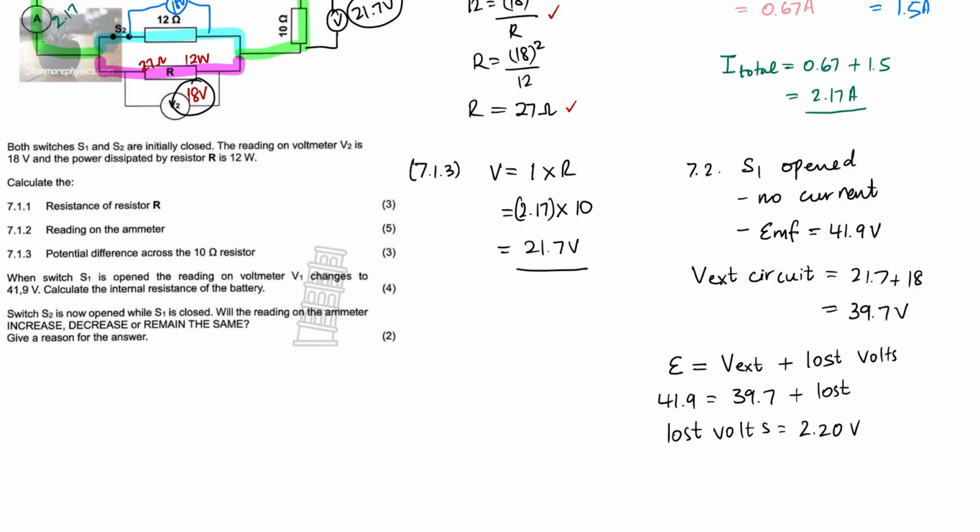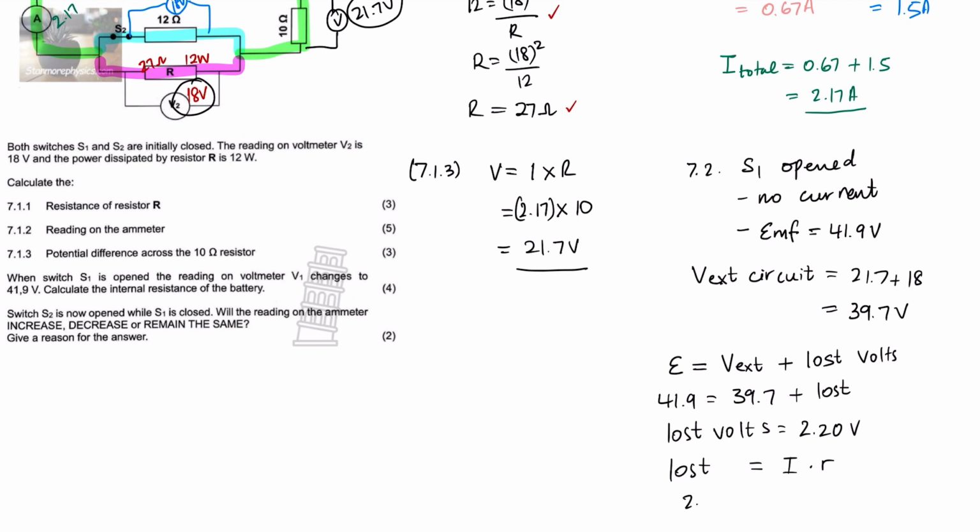Now there is an equation for lost volts: lost volts is equal to I times the internal resistance of the battery. When the switch was closed, the current was 2.17, as we worked out.